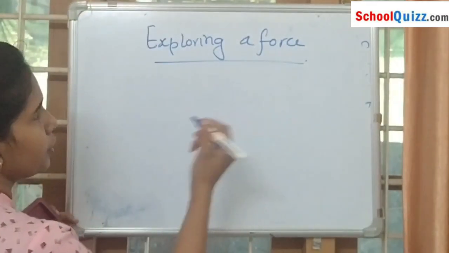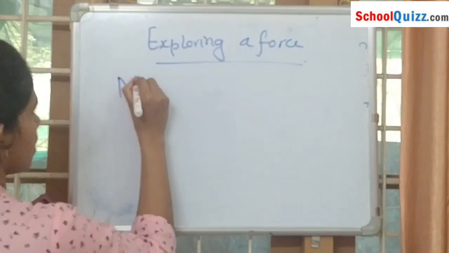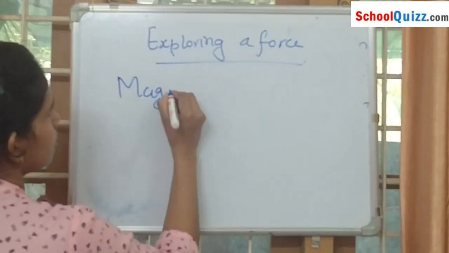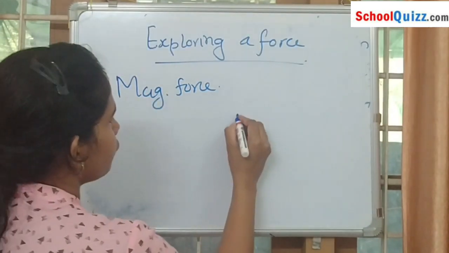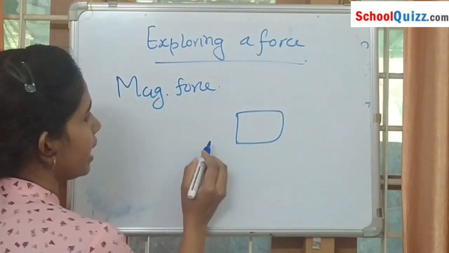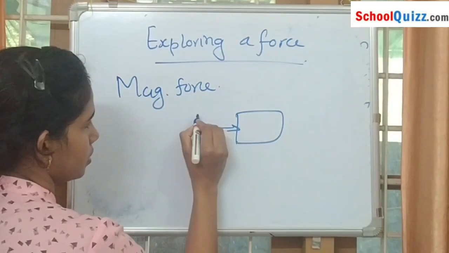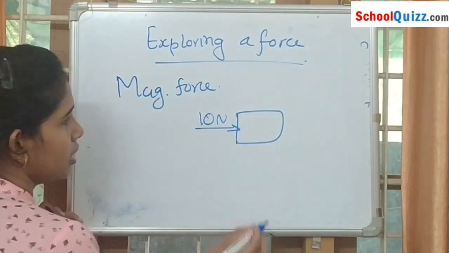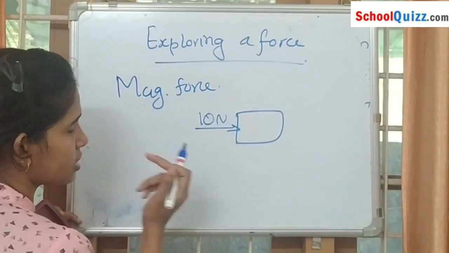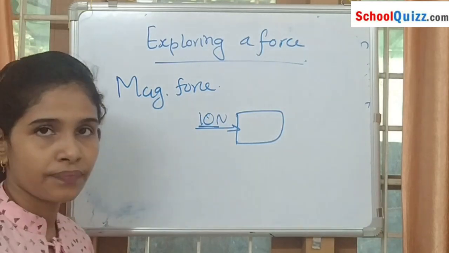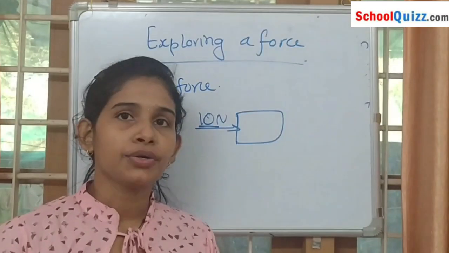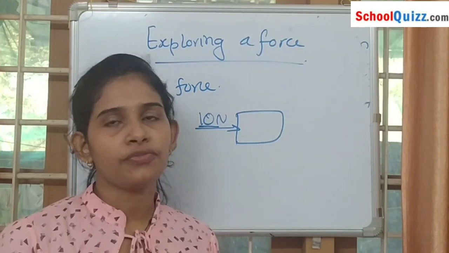So, what is the magnitude of force? If you are given 10 Newton, then what is the magnitude of force here? This 10 is known as magnitude of force. Actually, magnitude of force is strength of a force.